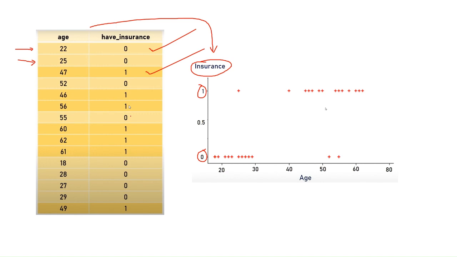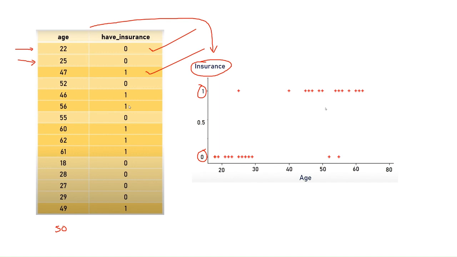Now, can we use linear regression here to find out whenever a new person comes with an age of some 50 years, whether that person has insurance or not? That is what we need to find out.